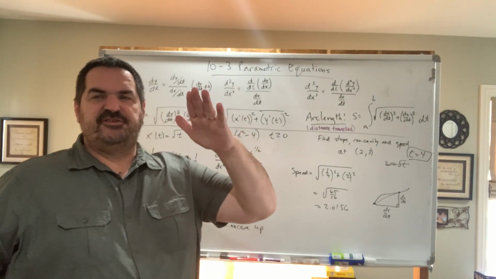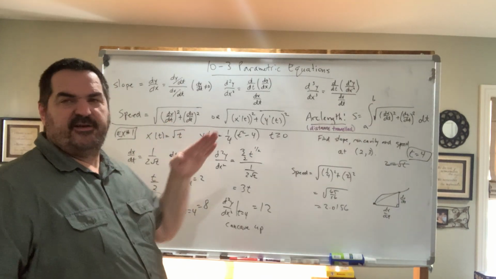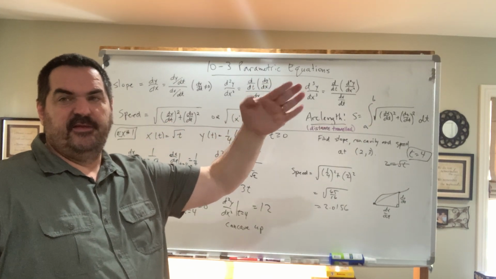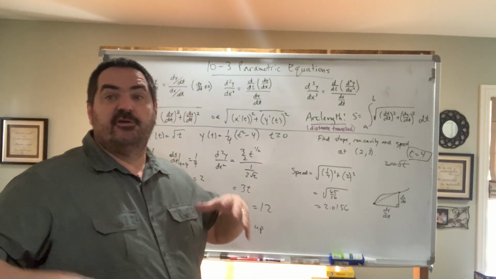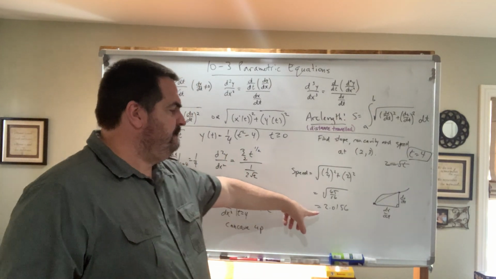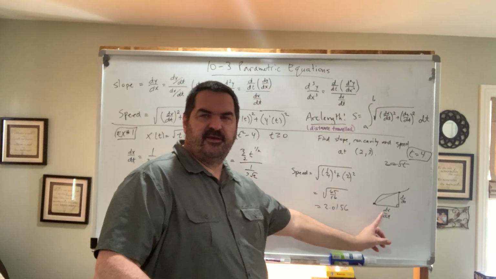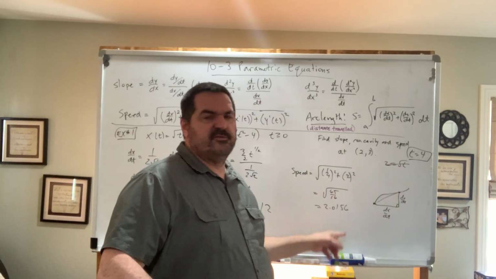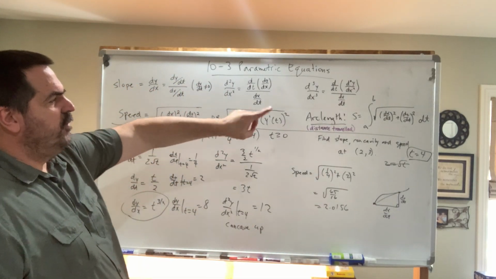We got the change in this squared plus this squared. So this is just Pythagorean theorem to find out how fast it's changing this way. And that's why that's your speed, all right? So the change in your position over time is speed, and this one we get 2.0156. So that's where the formula comes from. You can see the Pythagorean theorem, this squared plus this squared equals this squared, or square root of that, all right? So now we're gonna find arc lengths.